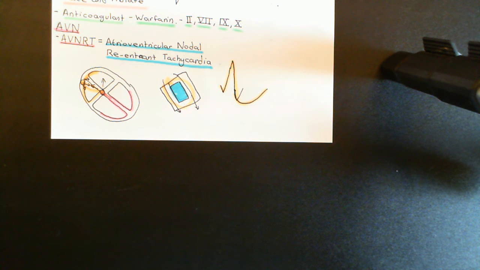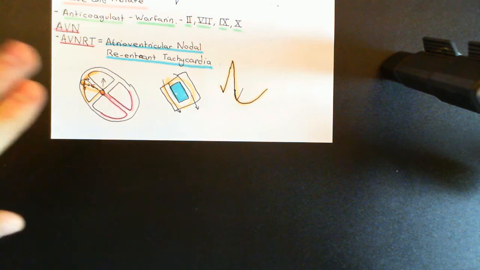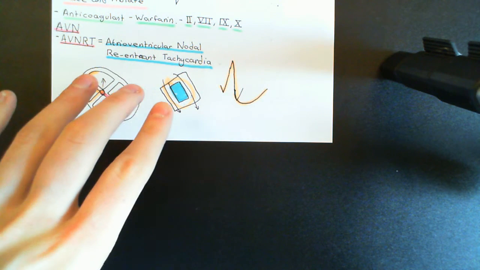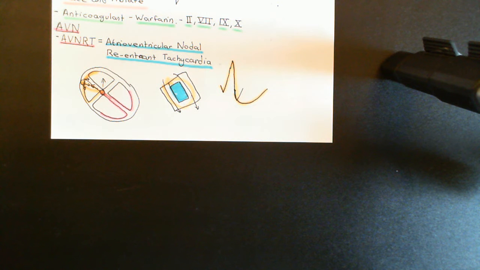Okay, so how then do we actually treat atrioventricular nodal reentrant tachycardia? Well, firstly, what I want to talk about is drugs that we can use to actually terminate an episode of the atrioventricular nodal reentrant tachycardia. As I've told you, this one is mainly episodic, so often these people are normally in normal sinus rhythm, and then suddenly the reentrant loop actually starts conducting a circus rhythm around it.